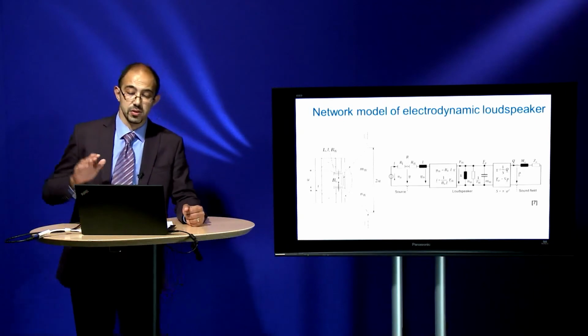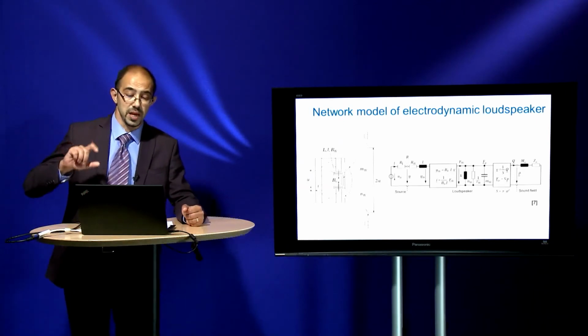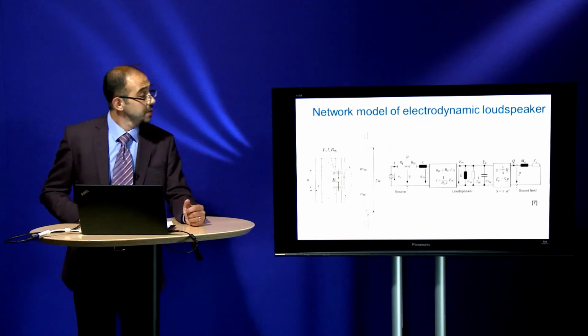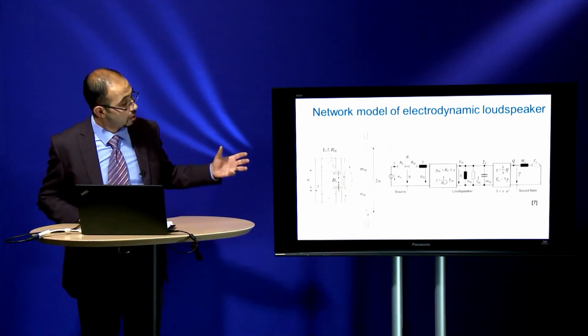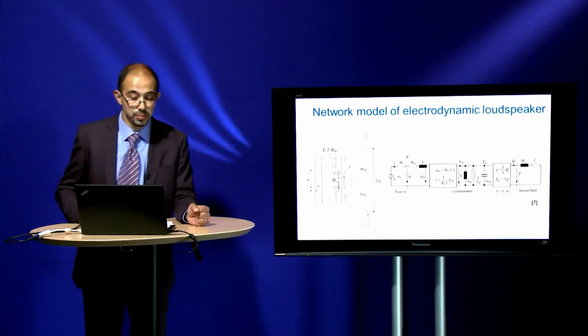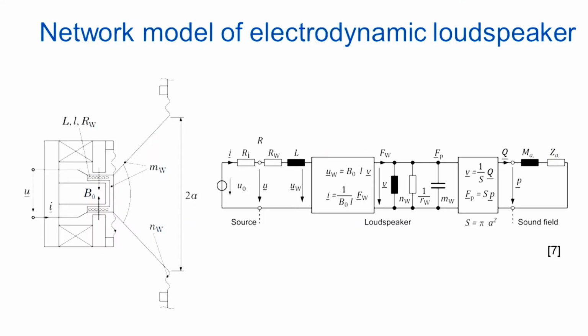After that, the mechanical aspects start. This force will be applied to the voice coil, and the cone will move. The mass of this cone, at the same time the mass of the voice coil, and also the spider and surround, should be taken into account.